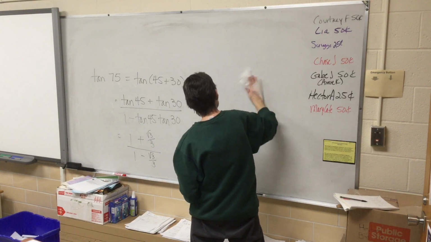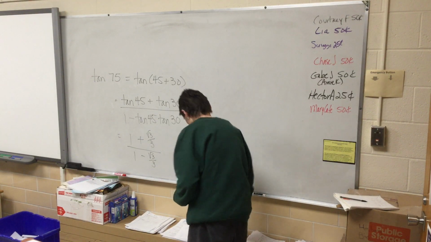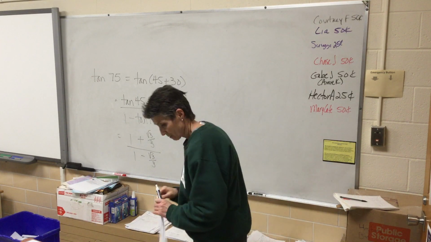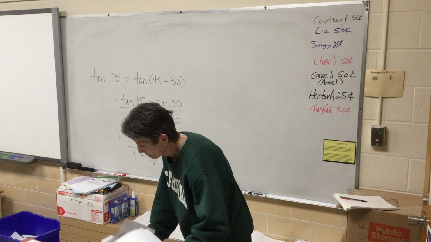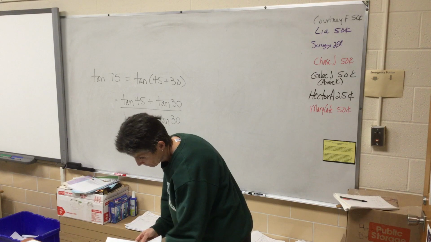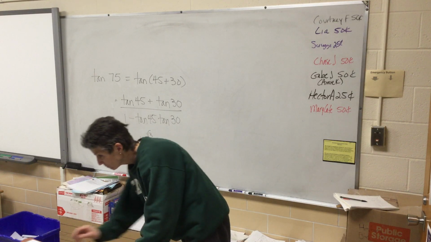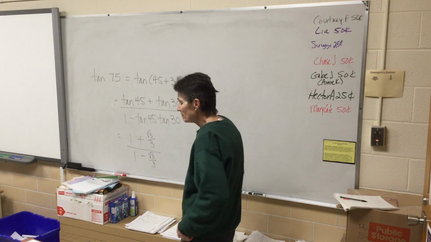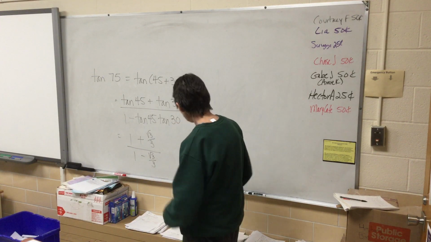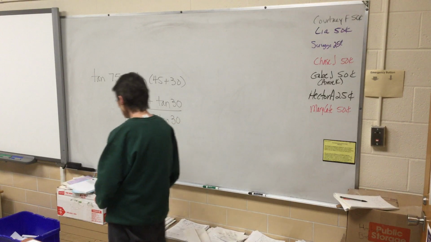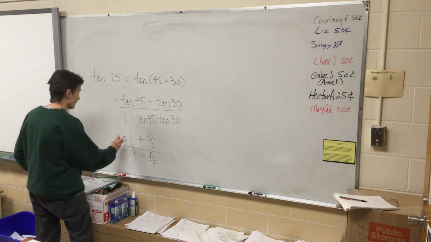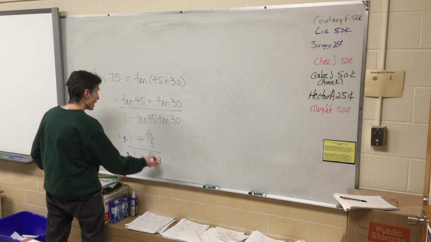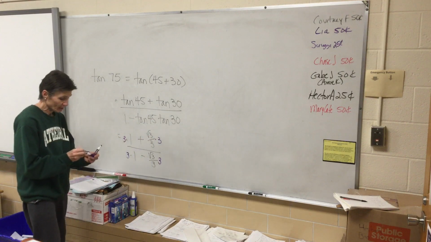All right, what am I going to do with this mess? Multiply by the conjugate. I could, but I'm going to have a mess with fractions. So I would suggest that the first thing you do is multiply everything by 3. You don't have to. You can go straight to the conjugate if you want.